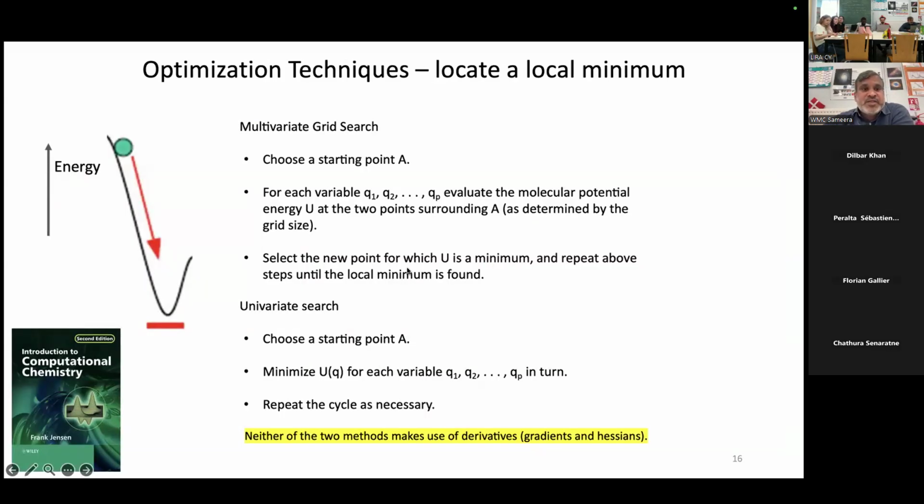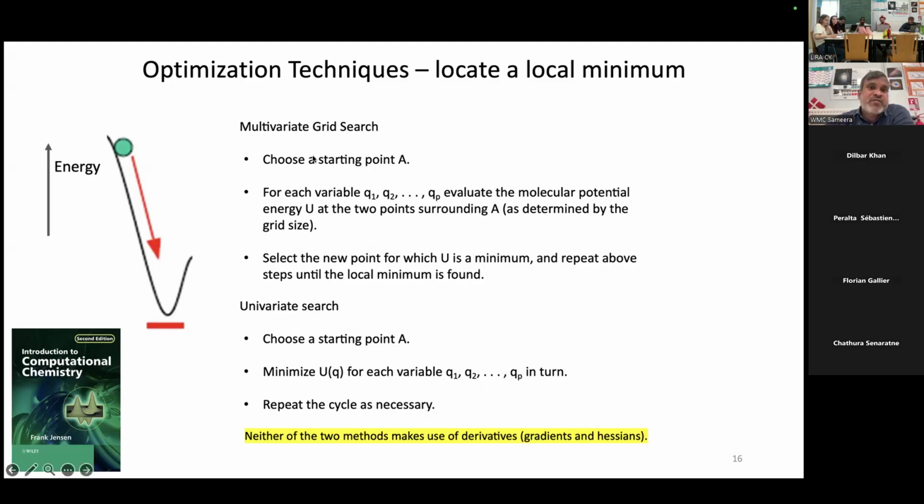There are many methods to compute the potential energy surface and locate transition states and local minima. When you start the computation, you have a molecular structure and it has a specific energy, but it may not be in the minimum energy situation. So our first step is to minimize the energy of the molecular system.